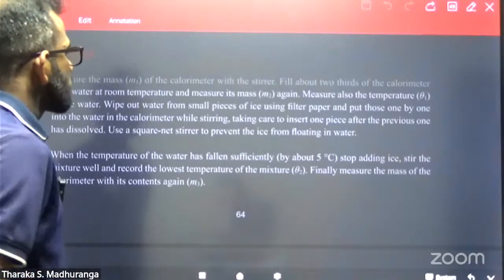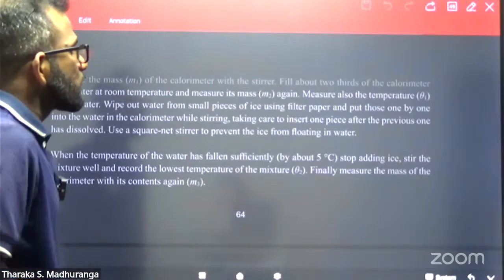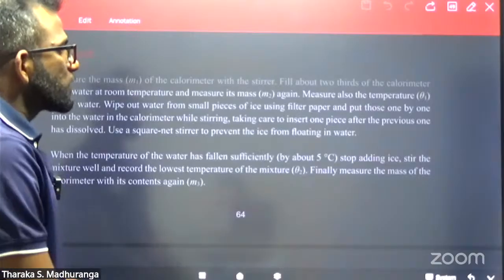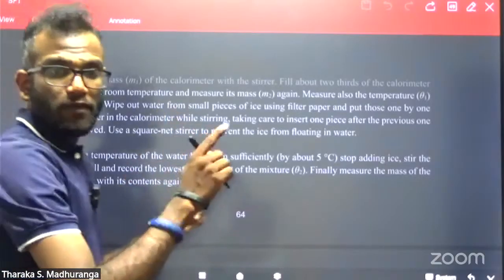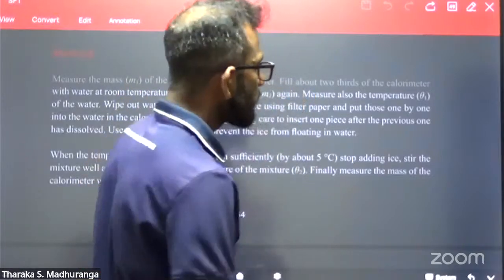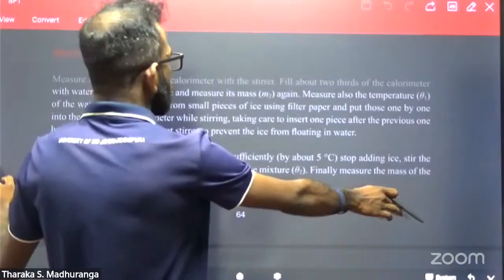Wipe the water off a small piece of ice using filter paper and put the pieces in one by one. Important, one by one.